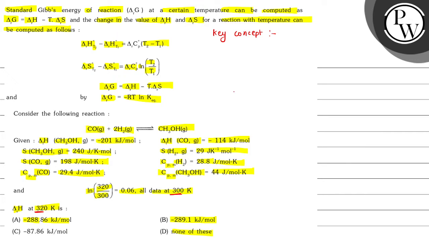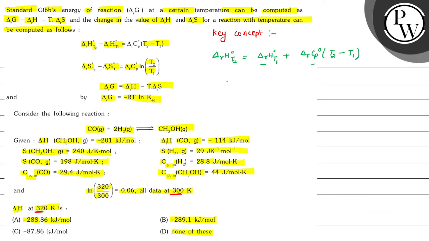So we can write that the change in enthalpy of reaction at temperature T2 is equal to the change in enthalpy of reaction at temperature T1 plus ΔCp naught, the standard change in molar heat capacity at constant pressure, times (T2 − T1). Now we can calculate these values directly.